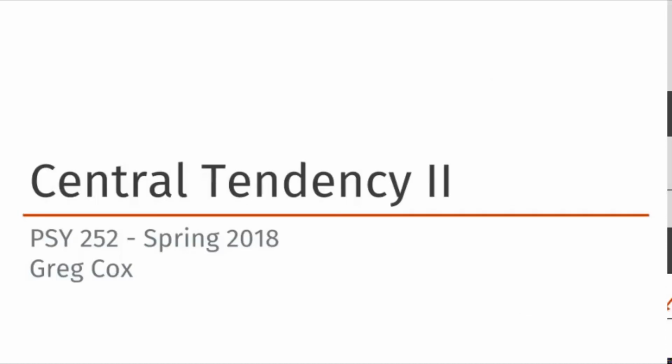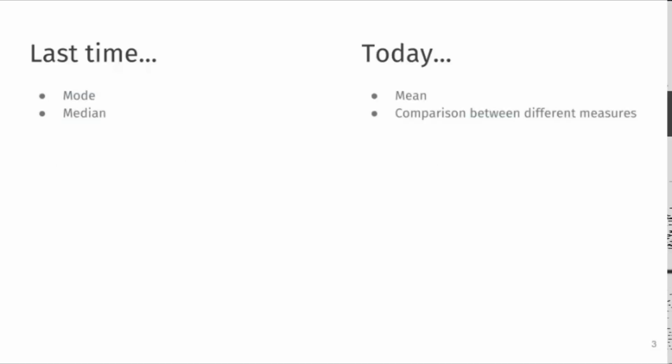Yeah, getting back to it, today we're going to be finishing up our tour of measures of central tendency. Last time we talked about the mode and the median and discussed a number of properties of each of those measures and when you might prefer one over the other.